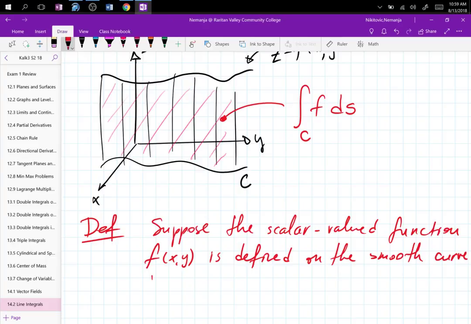C is given as vector r(s), which is parametrized as x(s) and y(s). We are going to turn all of these into the t's that we know from before.